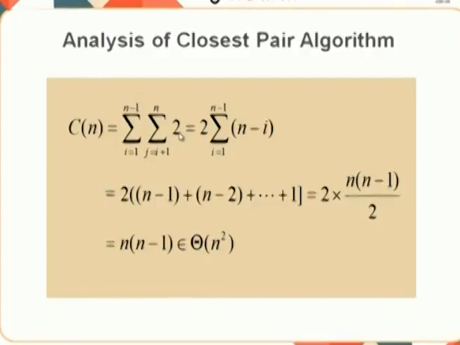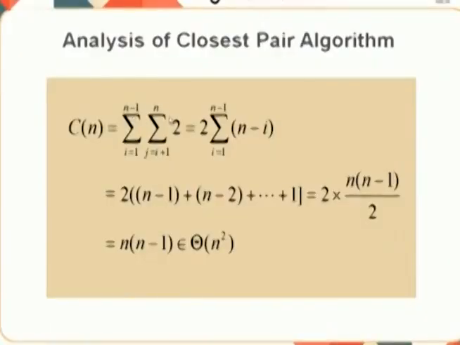Under that we have to put the basic comparisons. What is the basic comparison? The basic comparison in this case is the computation of the Euclidean formula. We are performing the subtraction and then the square root, so two operations are there.